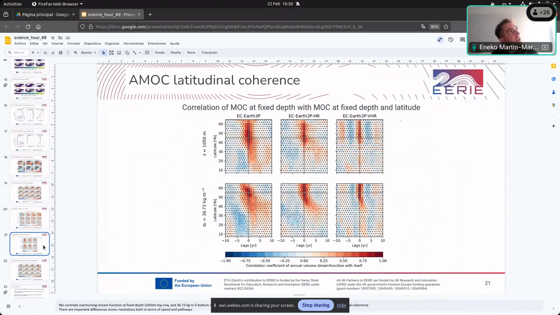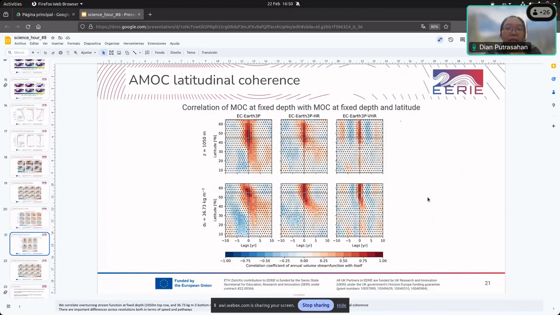Yeah, it's true that we had this kind of oscillation in the very high resolution. And it's more confined to the north, it seems, whereas the other is more extended across the North Atlantic. Yeah.